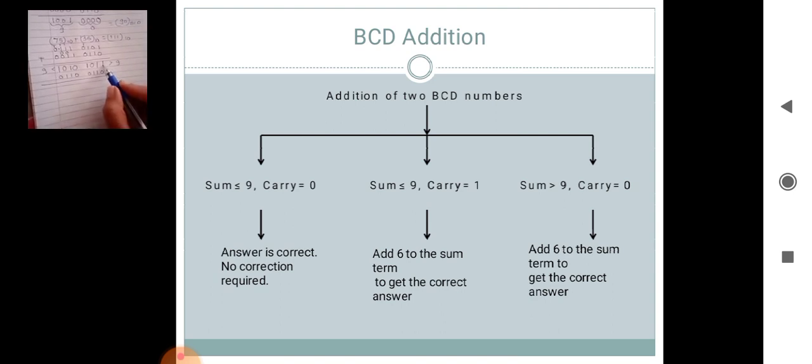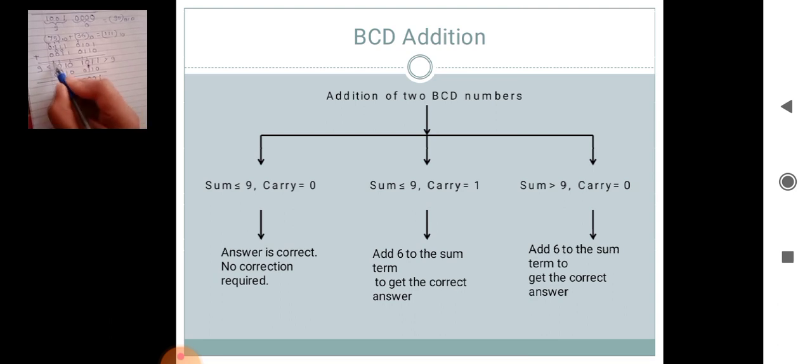So we'll check now. We'll perform binary addition. 1 plus 0 is 1. 1 plus 1 sum 0 carry 1. 1 plus 0 sum 1 carry 0. 1 plus 1 sum 0 carry 1. 1 plus 1 sum 0 carry 1. 1 plus 0 is 1. 1 plus 1 sum 0 carry 1. 1 plus 0 is 1, sum carry 0. 1 plus 1 sum 0 carry 1. 1 plus 1 sum 0 carry 1.